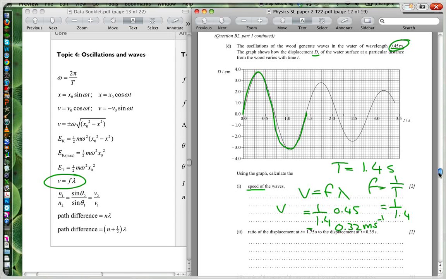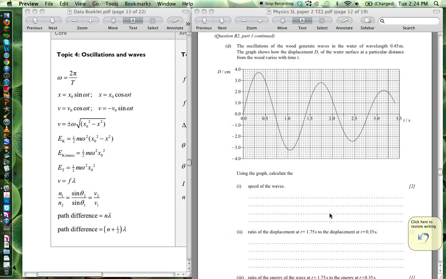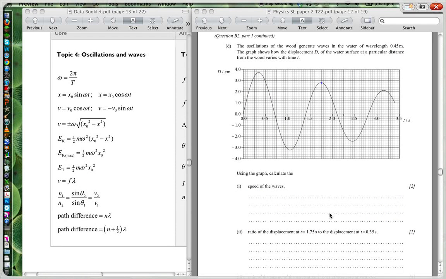Okay, then looking at this one, it says the ratio of the displacements at 1.75 seconds and 0.35. So 1.75 is over there, and 0.35, we probably are over here, are we not?